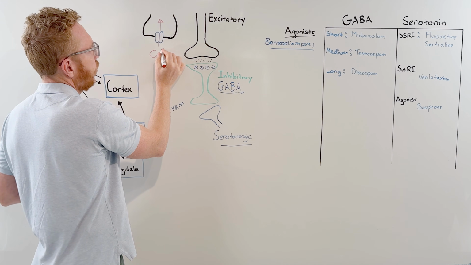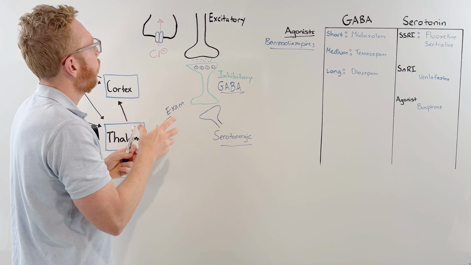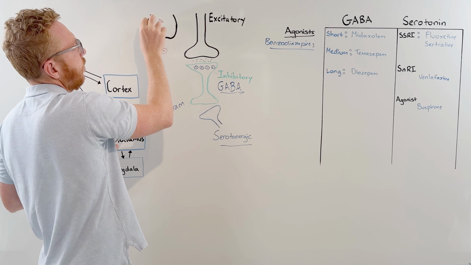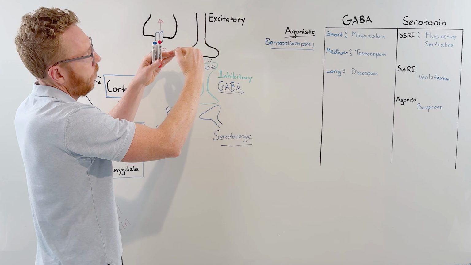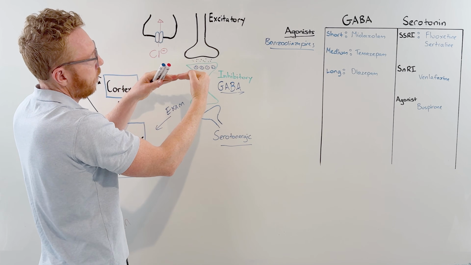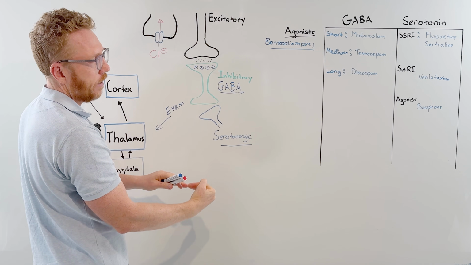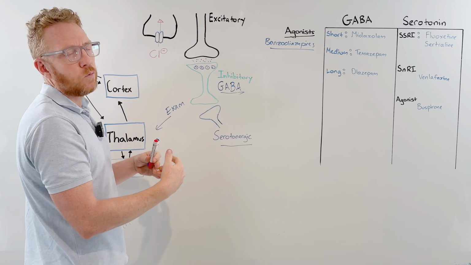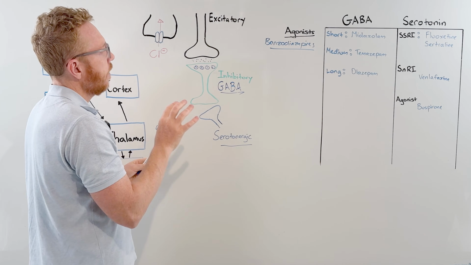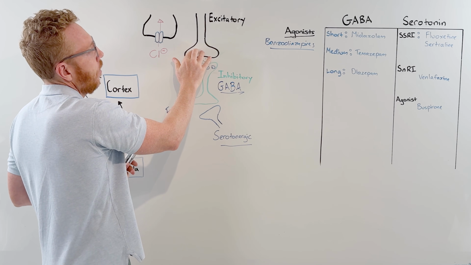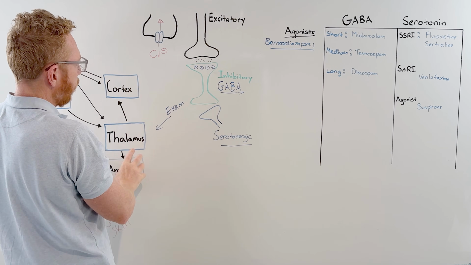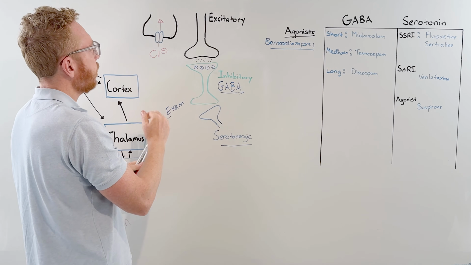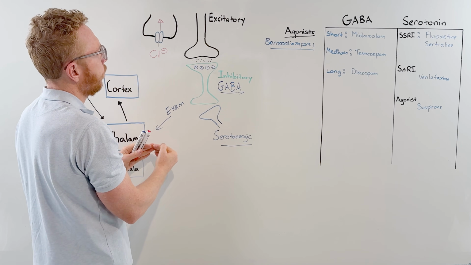Chloride has a negative charge, so if we throw lots of negative things into that excitatory neuron, it drops the resting membrane potential, more negative, more negative, which is what we call hyperpolarization. That makes it harder for this excitatory neuron to send excitation through the anxiety system, so it can actually dampen the system.